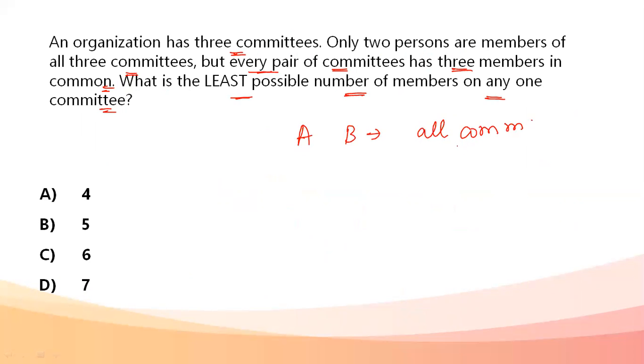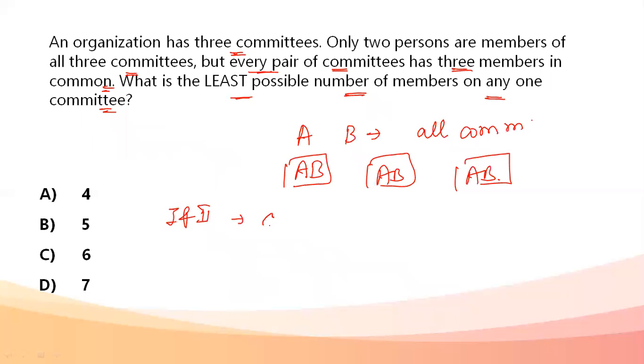Okay, now the third common member between first and third committee. So if A and B are common, this is AB, AB, and AB. Between the first and second committee, let's say it is C that is common. So this becomes ABC, ABC.